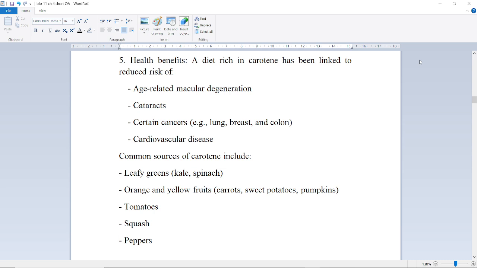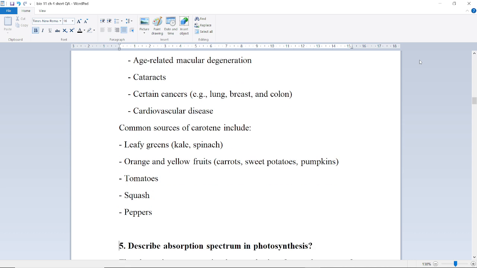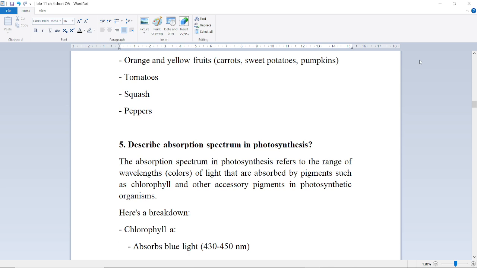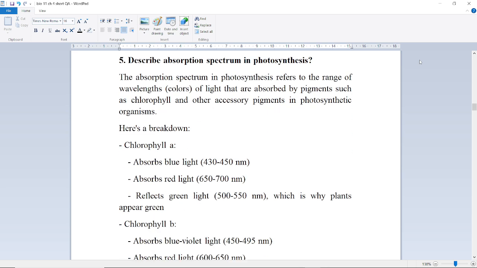Common sources of carotene include leafy greens, kale, spinach, orange and yellow fruits like carrots, sweet potatoes, pumpkins, tomatoes, squash, peppers. The next is, describe absorption spectrum in photosynthesis.